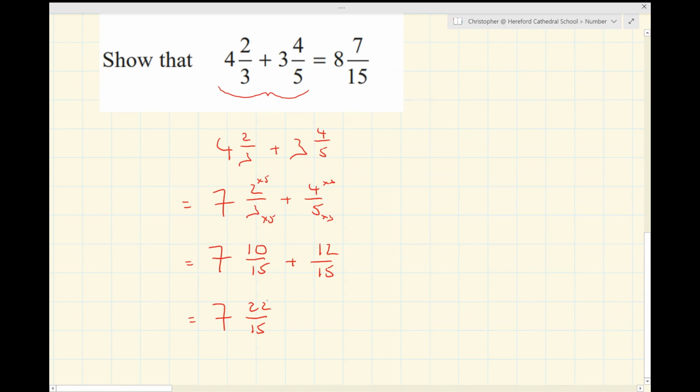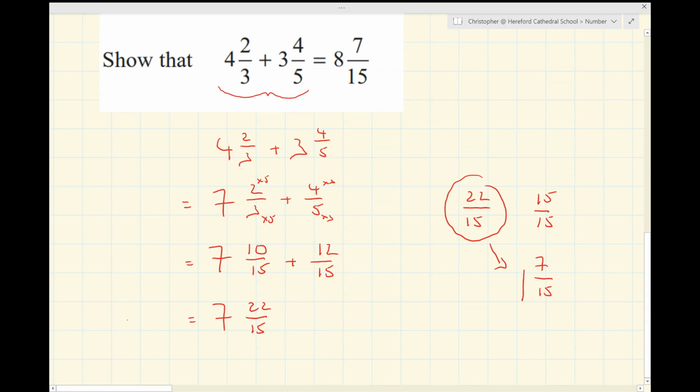The 22 15ths, that's more than a whole, isn't it? Because, I'll just jot over here, 22 15ths is more than a whole. 15 15ths is a whole, isn't it? So I've got more than 15 15ths here. In fact, I've got enough 15ths for one whole, that would be 15 15ths, and I've got 7 more 15ths. So what I've actually got here is 1 7/15.